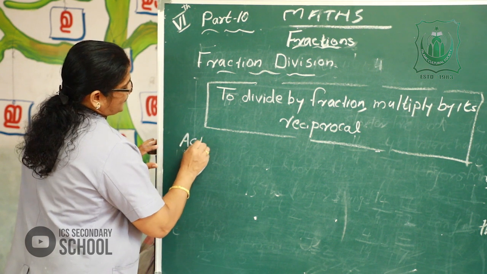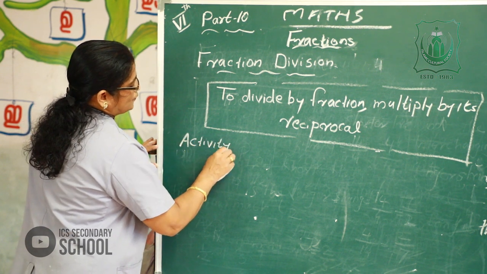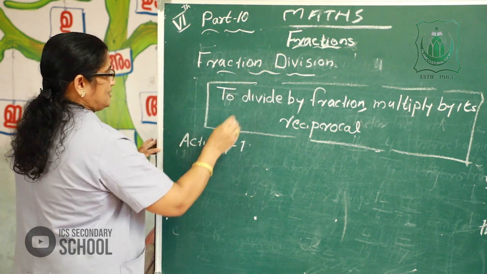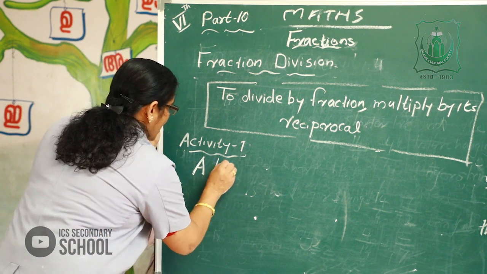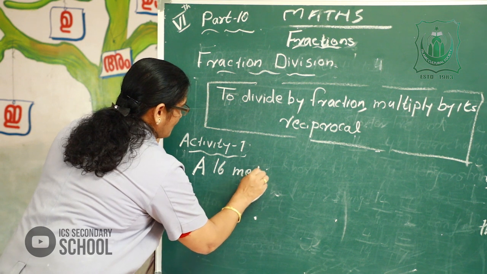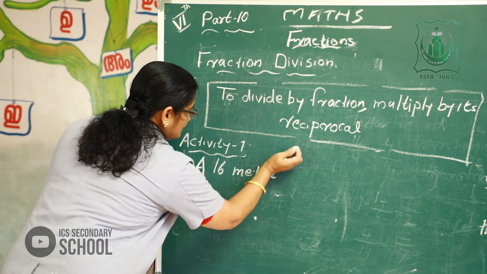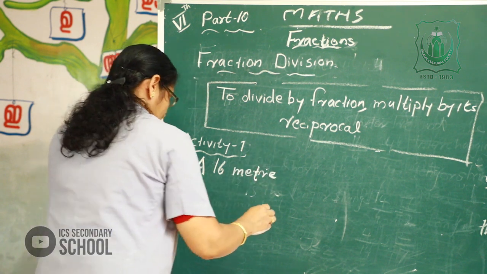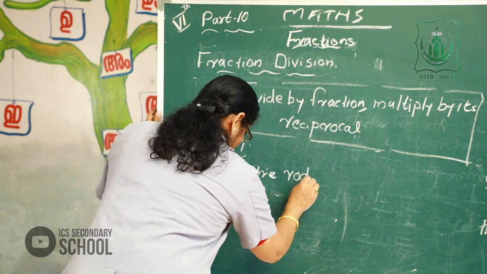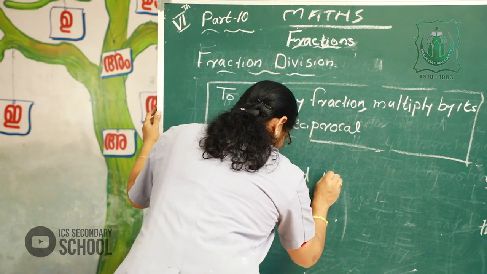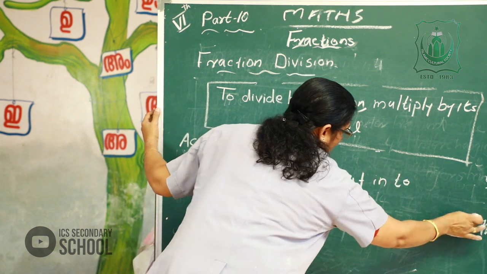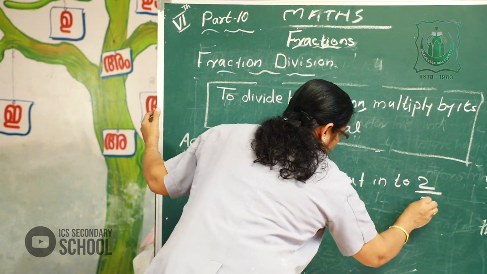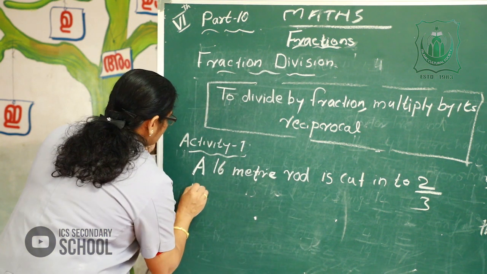Activity first, fraction division. Activity first: a 16 meter rod is cut into 2 by 3 equal pieces.